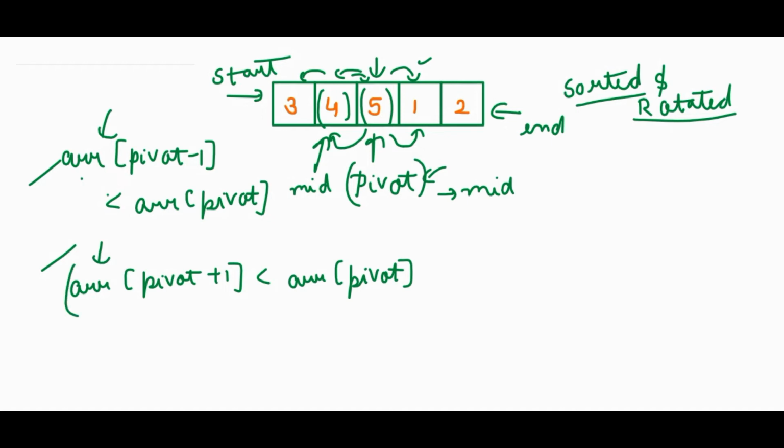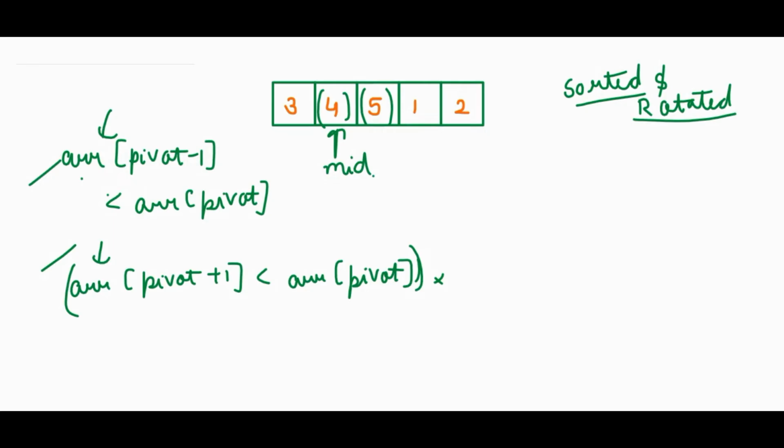So this condition is not satisfied, so this cannot be the pivot. Now I have to decide which side to go: the right side of the 4 or the left side of the 4. Let's clean it a little bit and see. This was just an assumption that mid is pointing to 4, to see how the other conditions work.